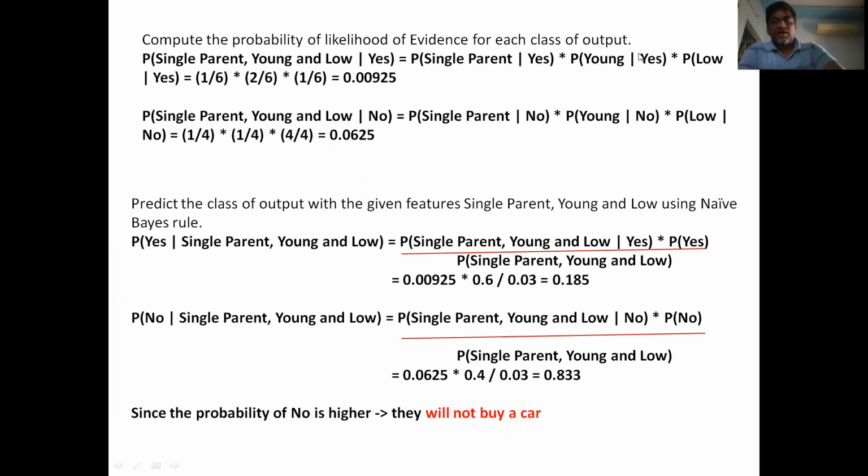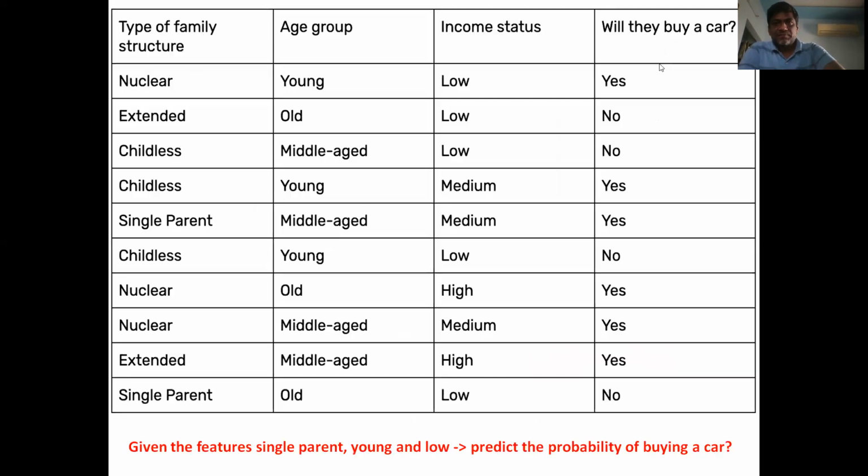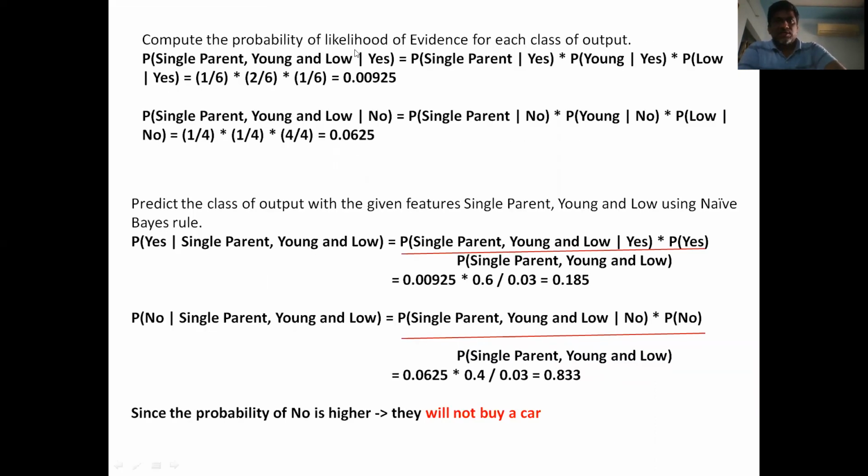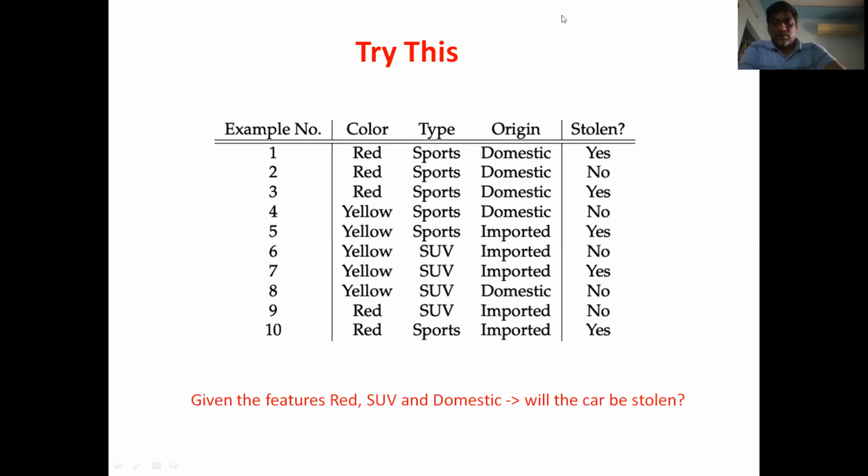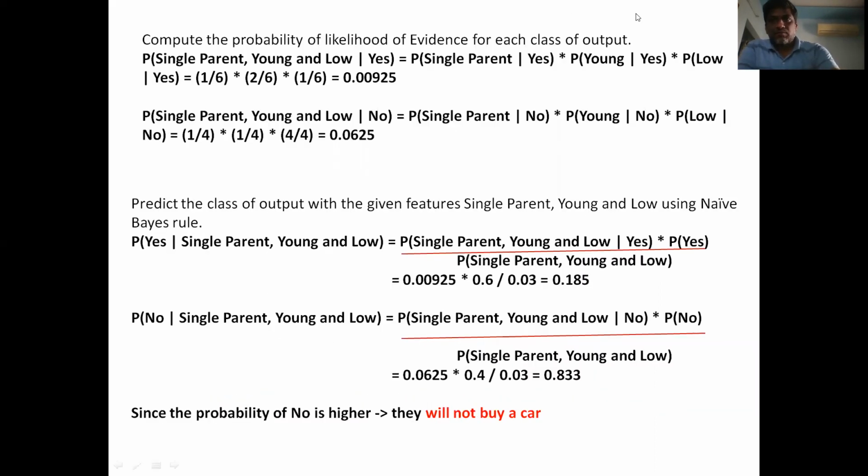Similarly, probability of young given yes is going to be, here it is 1, 2, so only 2. Young given yes is 2 options out of 6, into probability of low given yes, which is again 1 by 6 from the table. You can see it from the table.